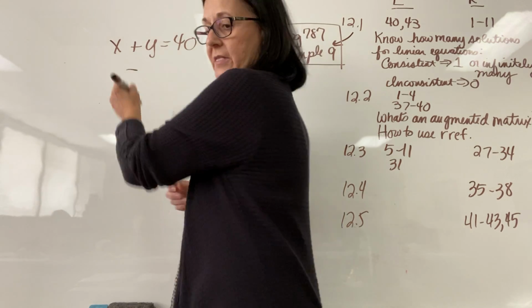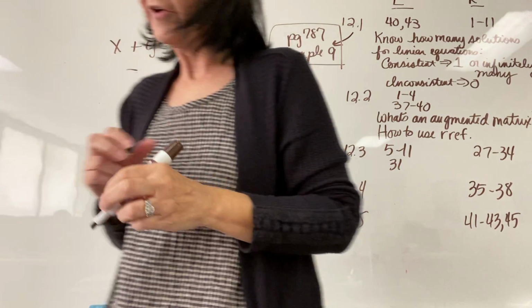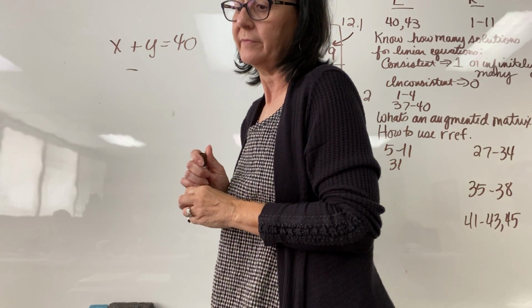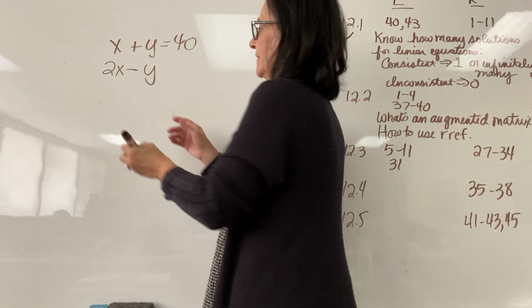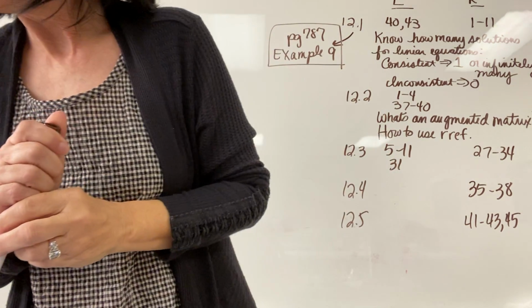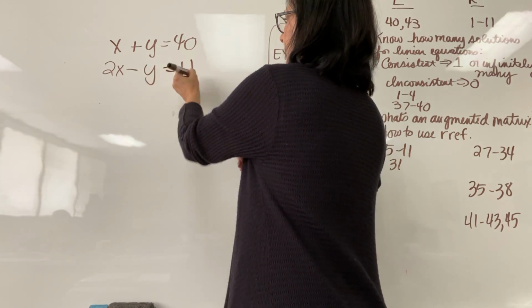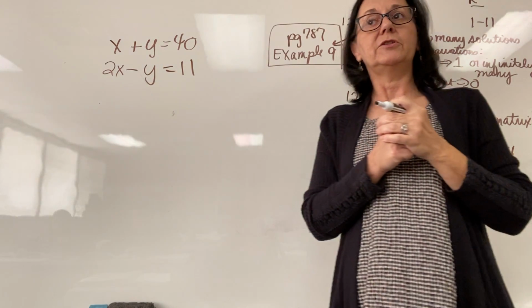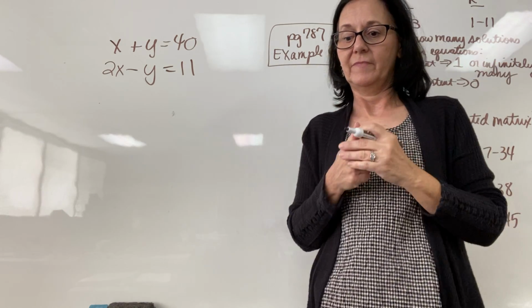Subtraction. The difference of twice the first number, 2x, and the second, minus y, is 11. What are the numbers? Could you do substitution? What would you do? Oh, elimination. I'd do elimination. And you got it, right?